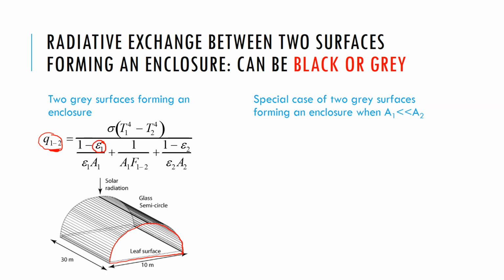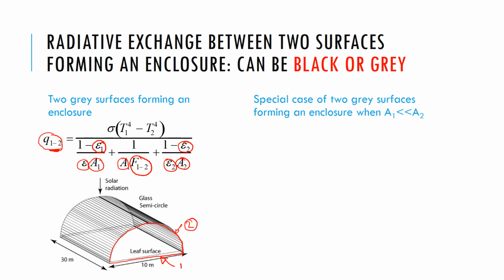Here epsilon 1 is the emissivity of surface 1. So if this is 1 and this is 2, then epsilon 1 is the emissivity of surface 1, epsilon 2 is the emissivity of surface 2, and these are the respective areas. Then this one is the view factor between 1 and 2.